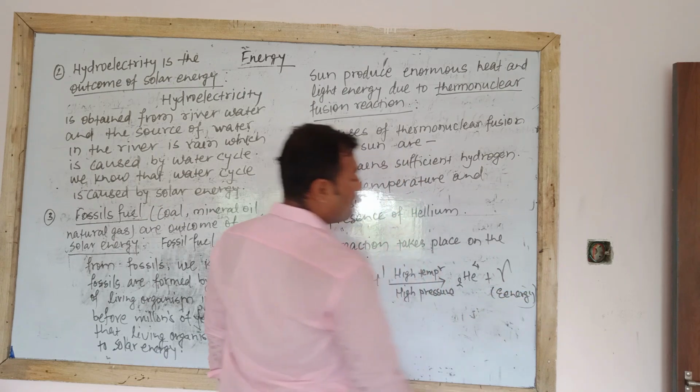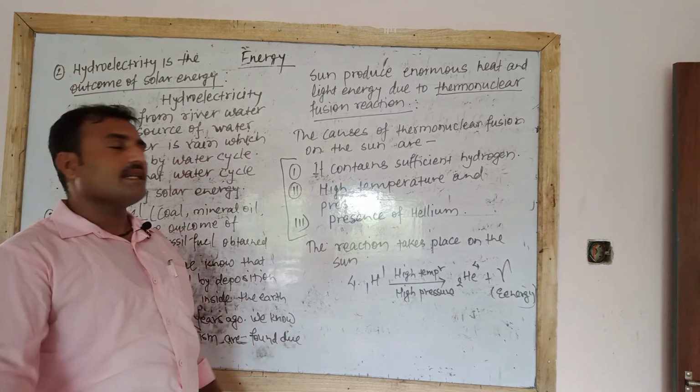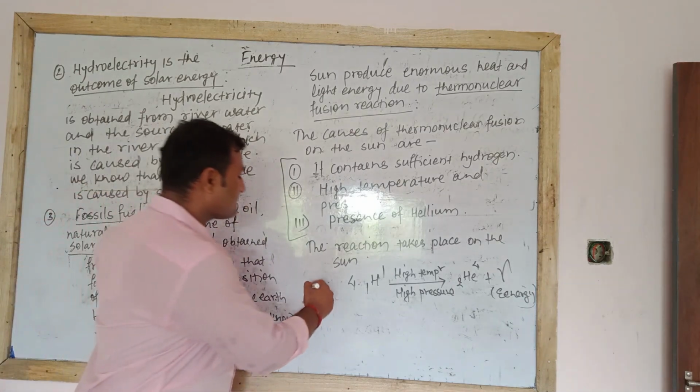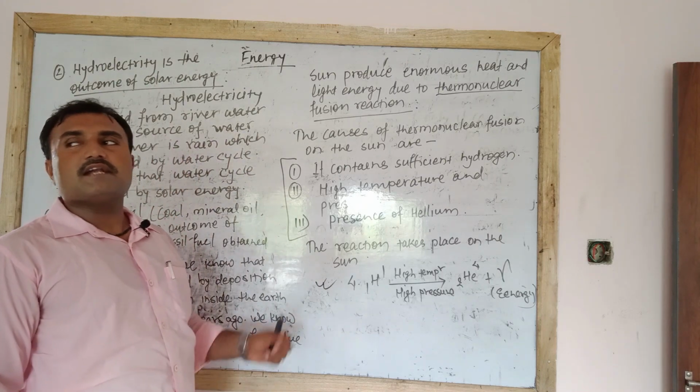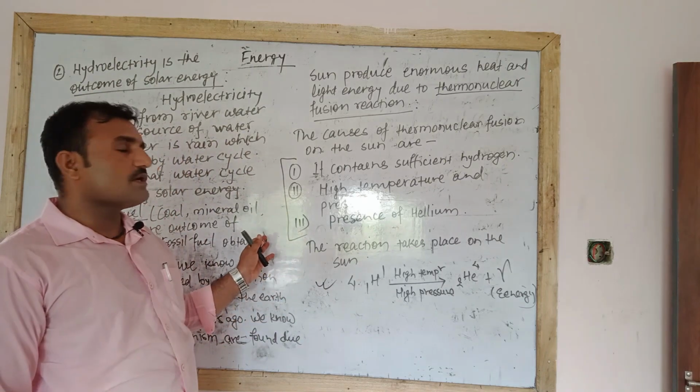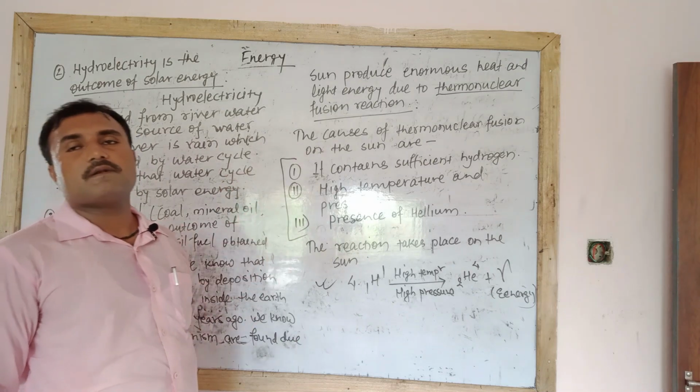Energy in the form of ultraviolet ray, gamma ray, that is called. This reaction is known as thermonuclear reaction that takes place on the surface of the sun.